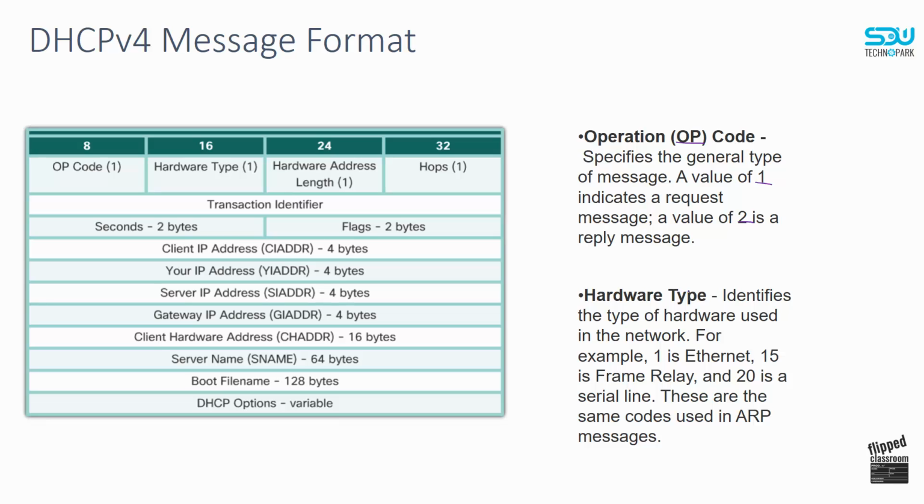We have hardware type, which identifies the type of hardware used in the network. In the example, 1 is Ethernet, and 15 is frame relay. We still don't know what frame relay is, so I just recommend you take a look at this value. It will be quite enough for you.